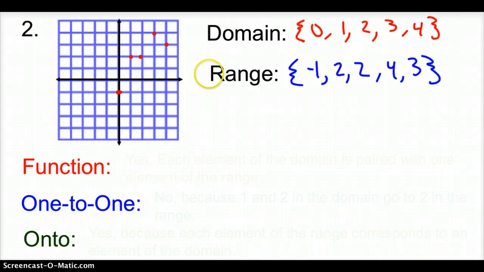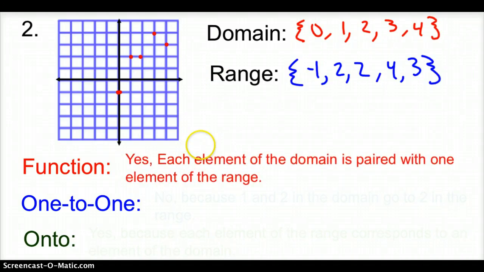So is this a function? It is a function because each element in the domain is paired with one element in the range. Is it one-to-one? Can we have two x's go to one y to be a one-to-one?